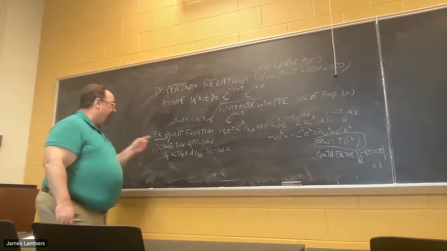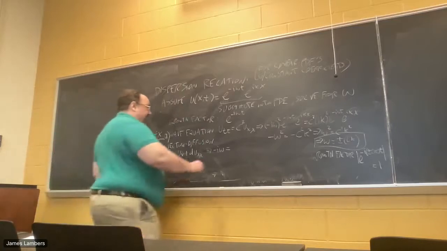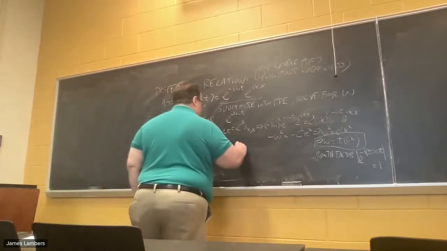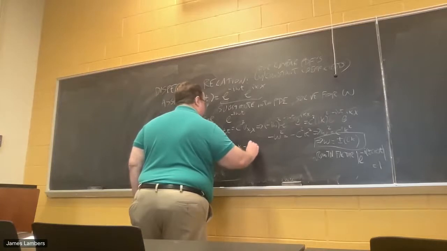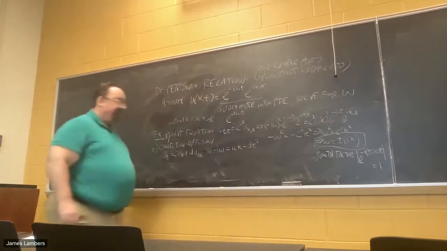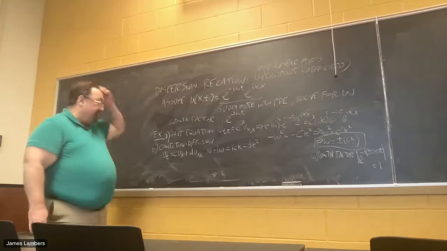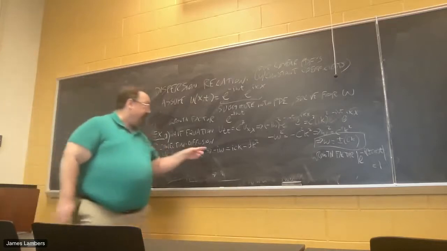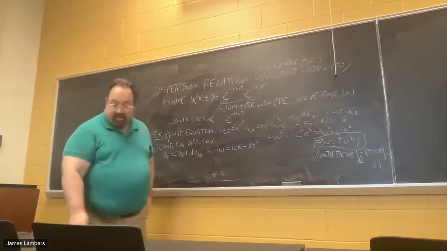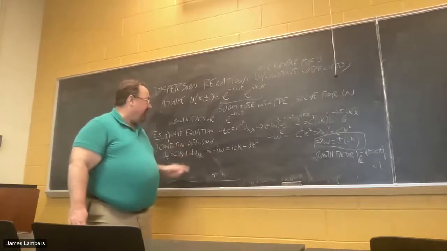And on the right side, you're going to get ick, and then minus dk squared. So then if you divide by minus I, which is actually the same as multiplying by I, because I times minus I is 1.